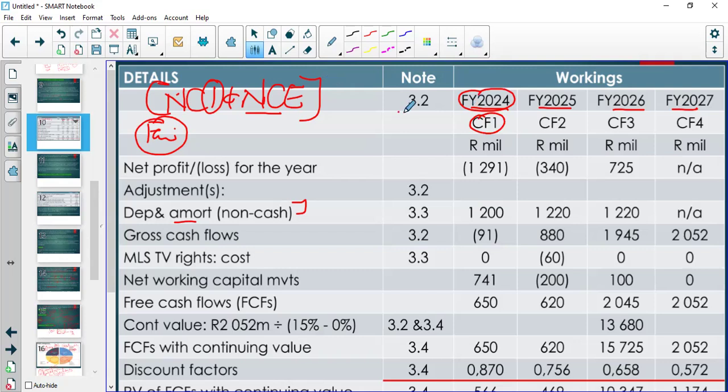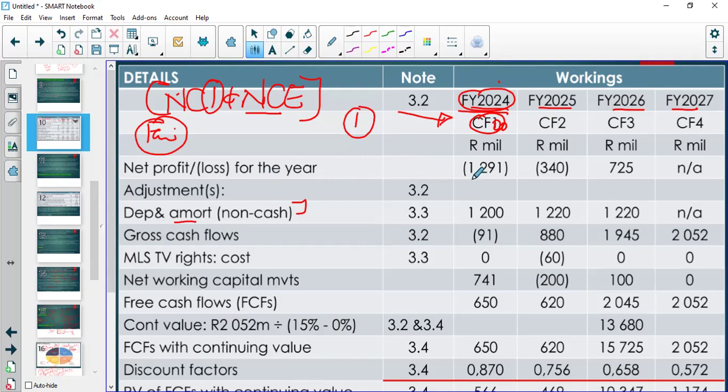So that's going to be the first error here. This is supposed to be CF0. And remember, the CF0 is not really relevant because we're valuing cash flows into the future. But we might want the cash flows for the current year because cash flows for the future years might be based on current cash flows, like a growth of so much. But this will be CF0, the current year. All right, so that's one error. That it says to be CF0.